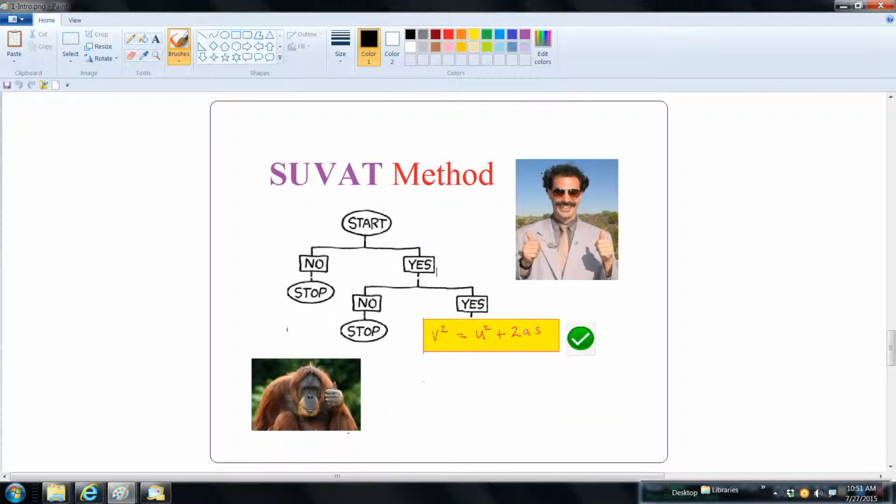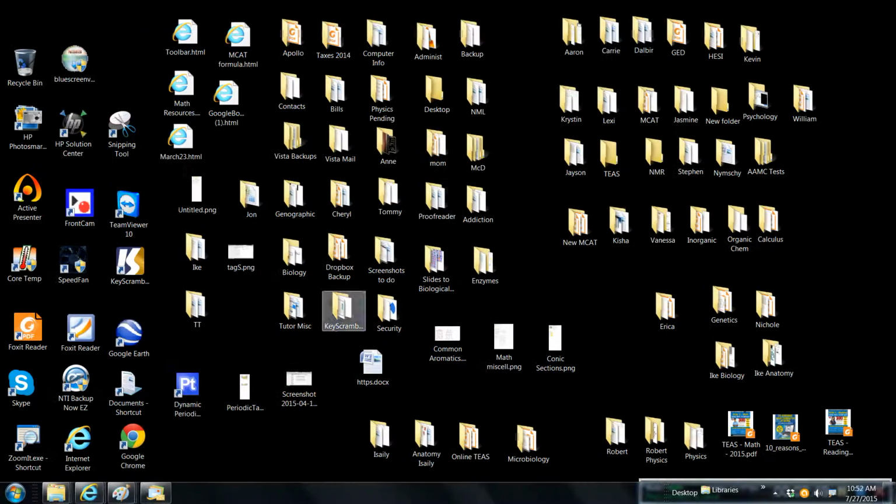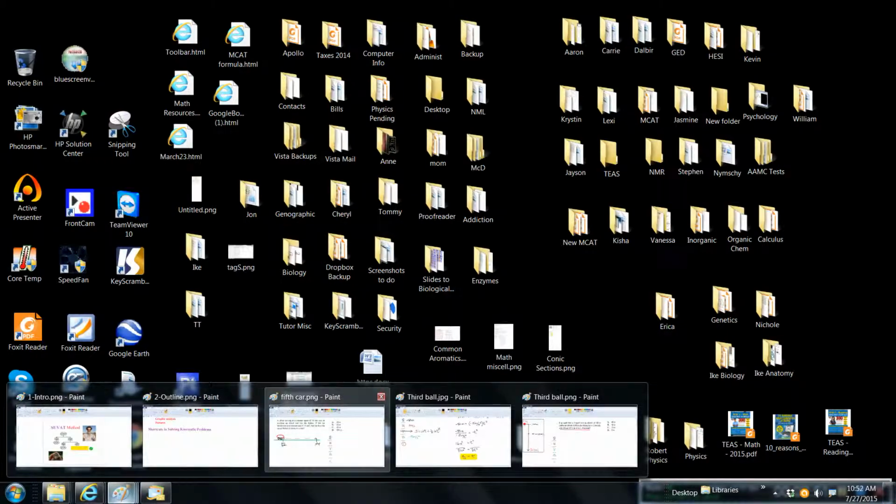So we basically have a Suvat method that is just a simple algorithm-type methodology to get you to the equation you need quickly while you're taking the MCAT or some other time-pressured physics exam. So let's jump to the first problem here today.